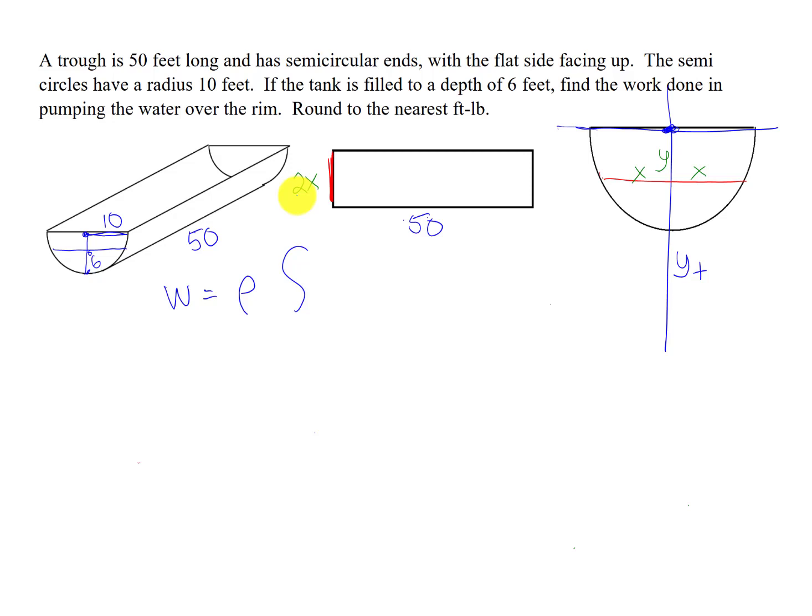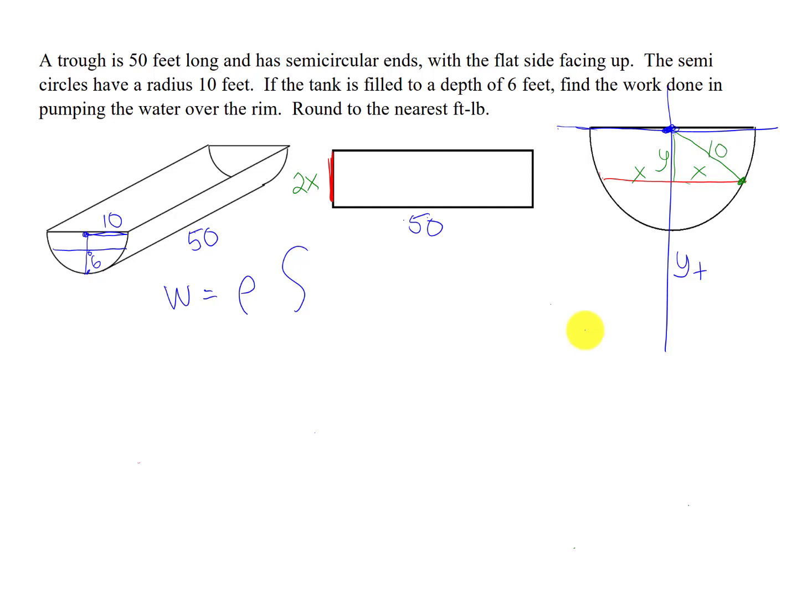So do we have a connection between x and y? And we do. We can form a right triangle by making a hypotenuse over here. And we know that the length of that hypotenuse is 10 because that went from the center of the semicircle out to the semicircle, and so it's a radius, and so it's 10.